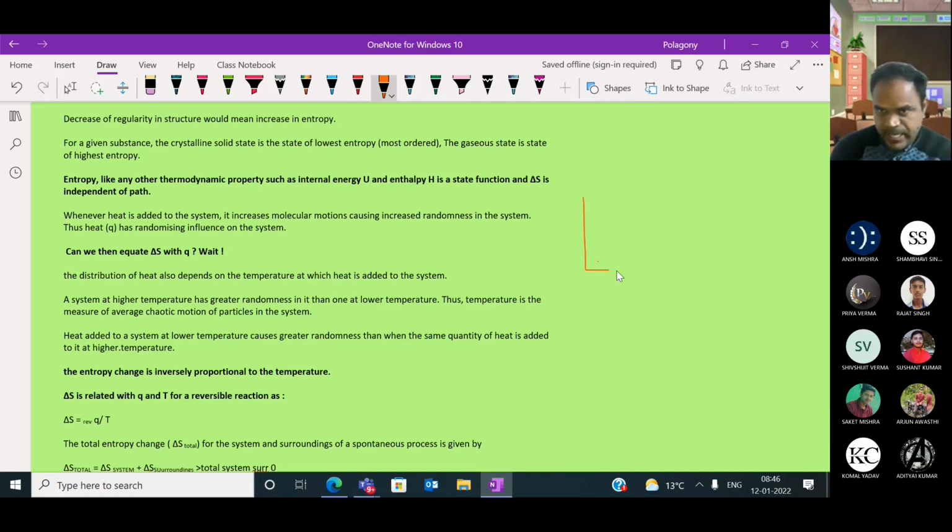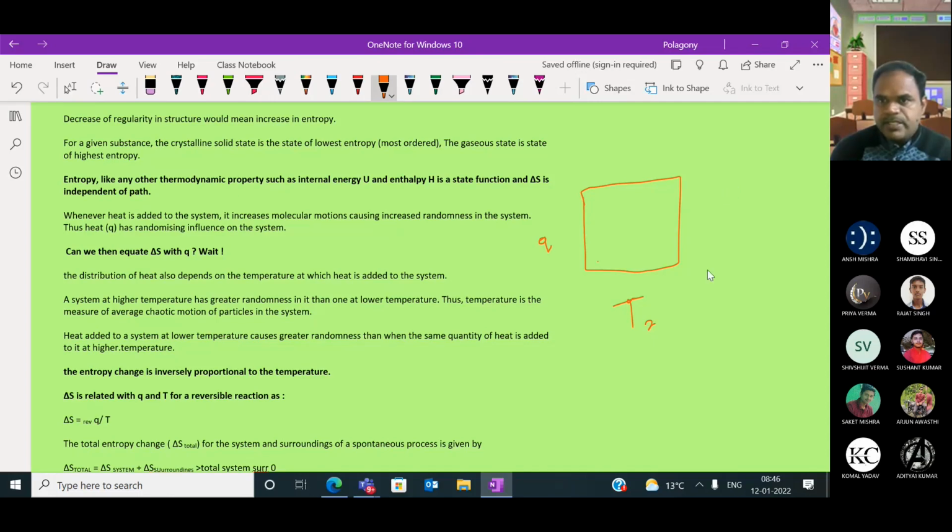Imagine there is an ideal gas present at temperature T2, at a higher temperature. At higher temperature the molecules are far away from each other. So what happens is Q is more and the molecules will get more randomness.